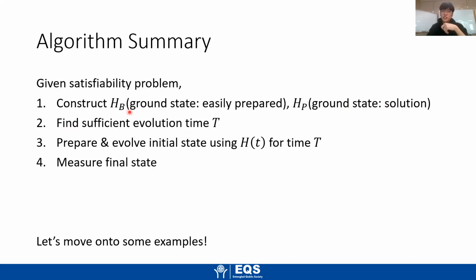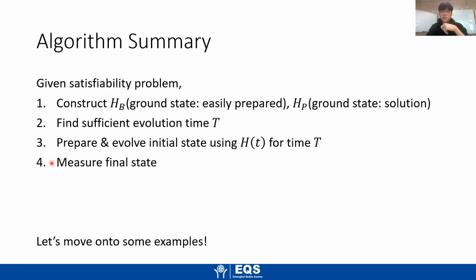And if we have some method, then we can find the sufficient evolution time, large T, which is determined by E and g_min. And then we can prepare the initial state and evolve it using H(t) for time large T. And then we can measure the final state to get our solution. And this is basically the way that we can do quantum computing using the adiabatic evolution.